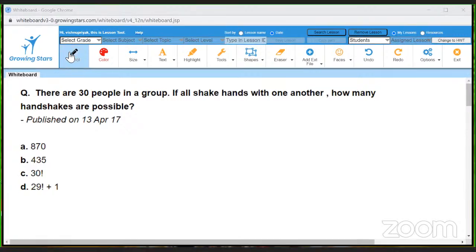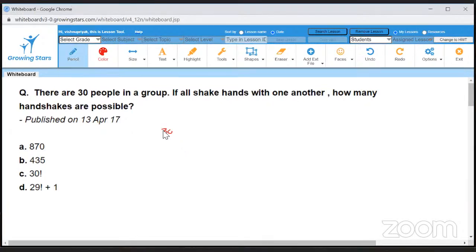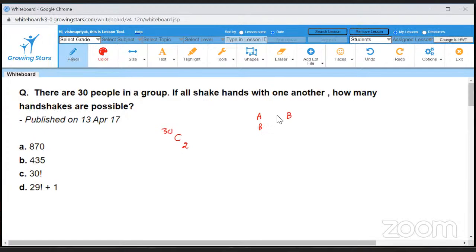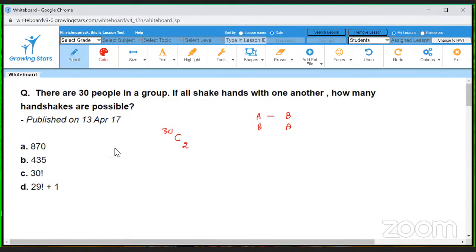Because total there are 30 people, and to shake hands, we need 2 people. So we have to select 2 people. Here it is selection, not arrangement, because whether A shakes hands with B or B shakes hands with A, it's one and the same. So we are not seeing arrangement, we are seeing selection.